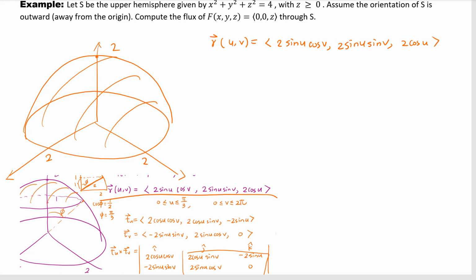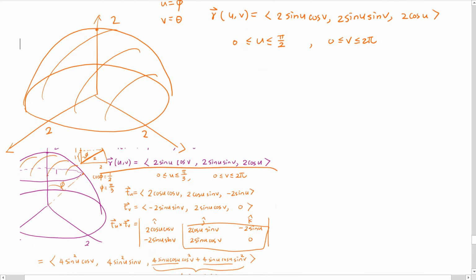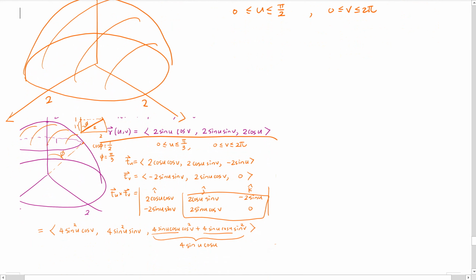But now our u is like the drop down angle phi, and v is like the angle theta. And so u is now from 0 to pi over 2, the upper hemisphere, and then v is still from 0 to 2 pi, right?